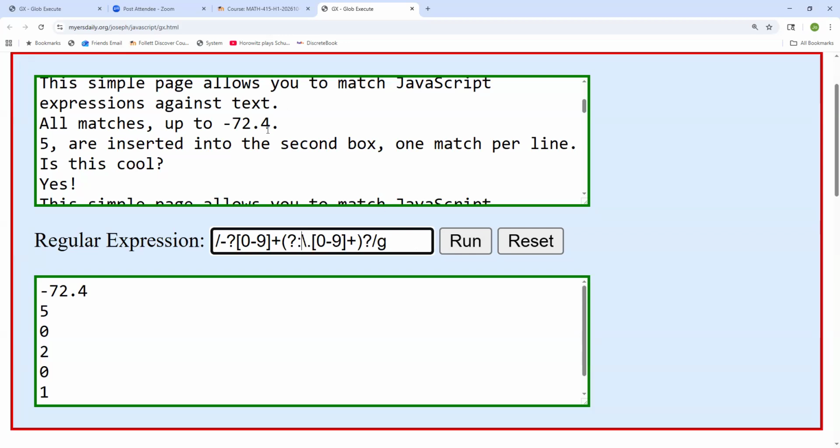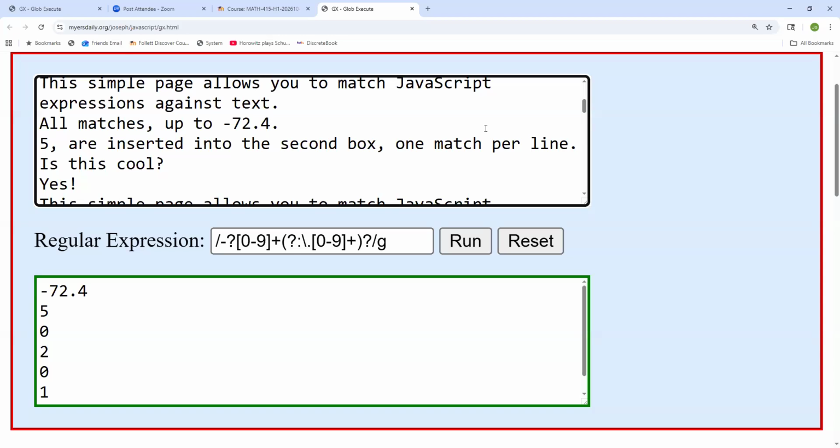But what if it's exponential notation like this? What if it's negative 72.4 times 10 to the negative 30th? How do you write 10 to the negative 30th in scientific notation in computer form? Does anybody know?